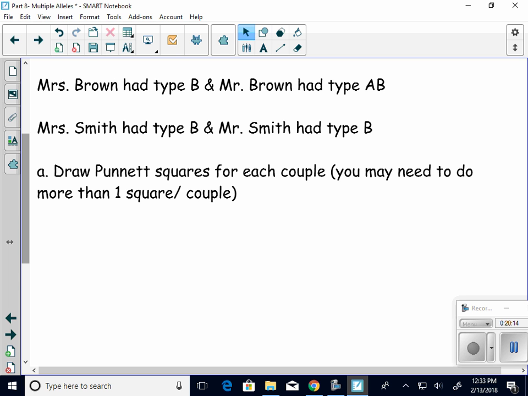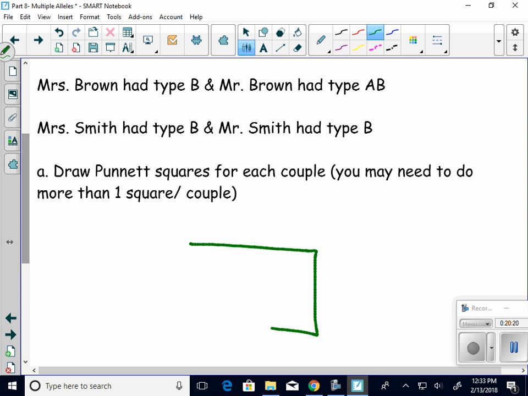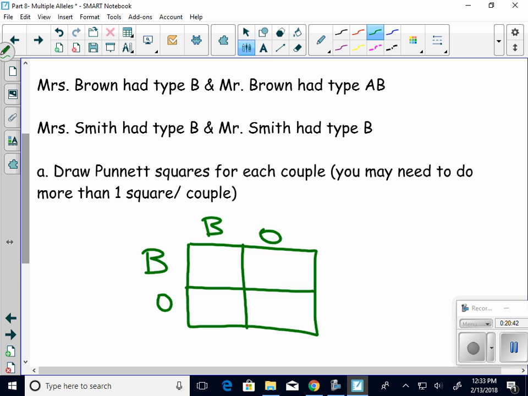No. But can we put together a Punnett square in which the Smiths have a baby with O blood? What would Mrs. Smith have to be? B-O. What would Mr. Smith have to be? B-O.